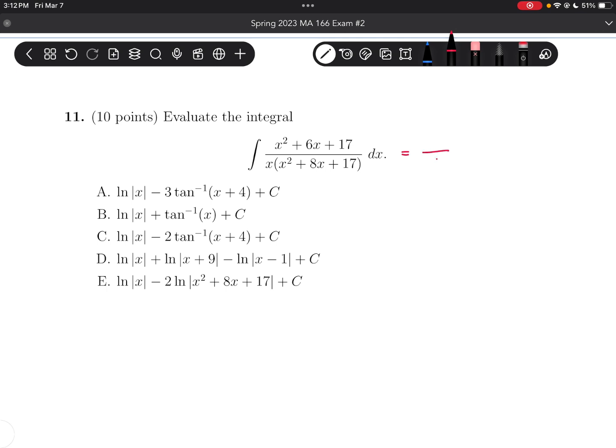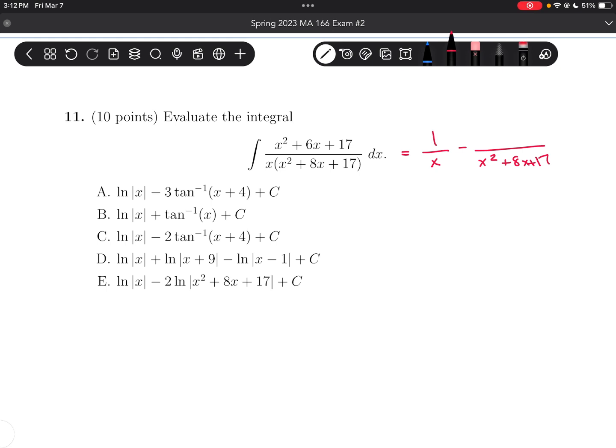So if I use partial fraction decomposition, I could have 1 over x plus something over x squared plus 8x plus 17. The only difference between this polynomial and this polynomial is a 2x.